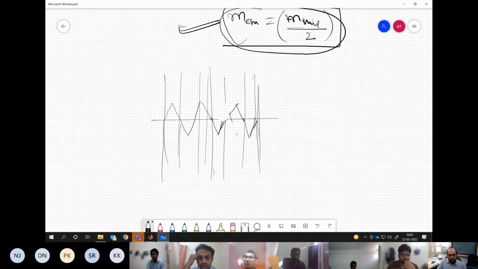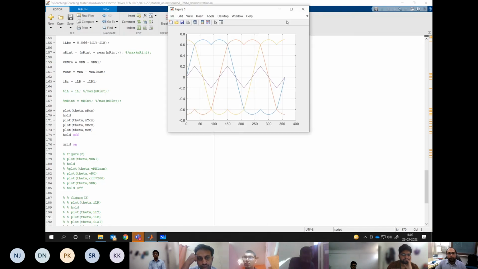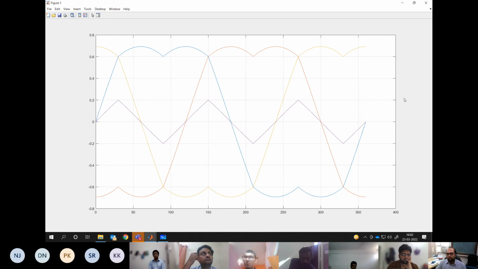And when you add this common mode to our modulating signal, this will also become different, something like this. A more proper drawing maybe I can show. So this is how it will look.